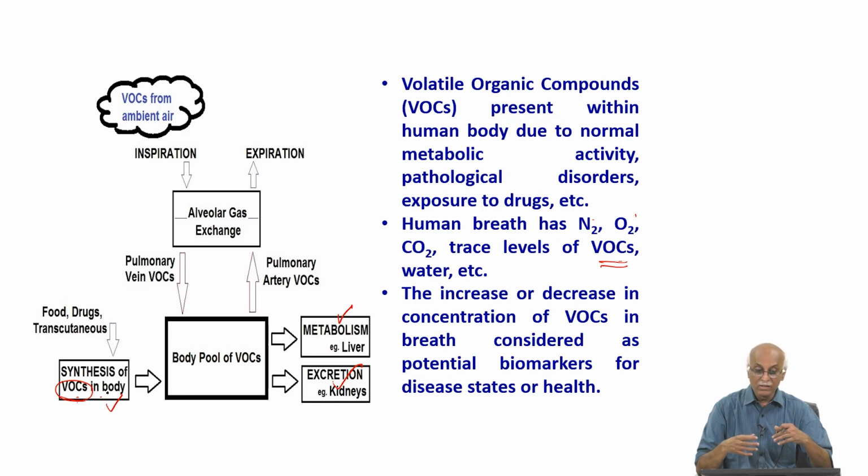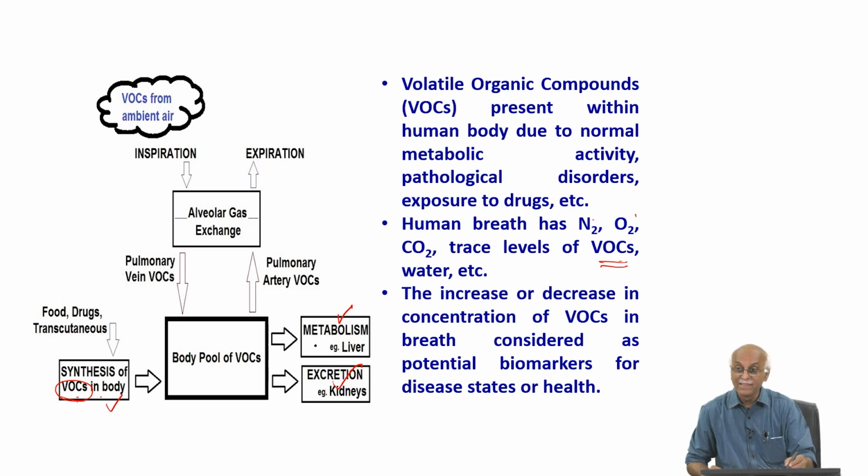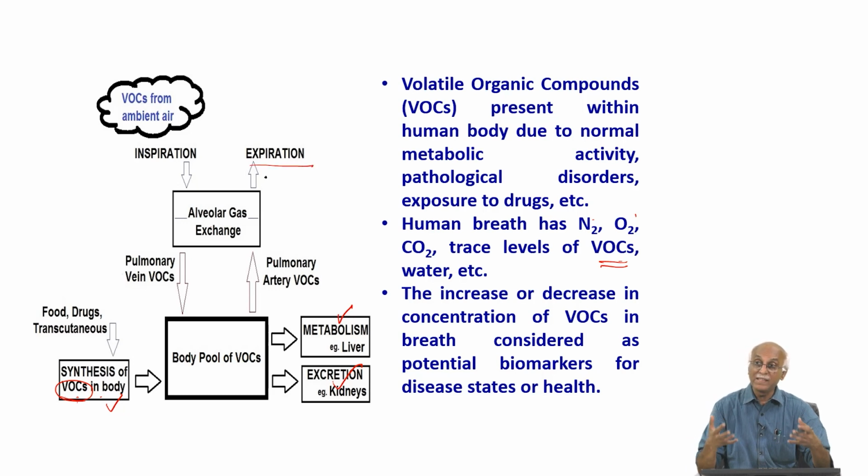And so when the blood is coming back to the lungs through the pulmonary artery for alveolar gas exchange, and then when we exhale the air, in the expiration process, we may be able to observe the presence of these molecules; that is the hypothesis in our mind.